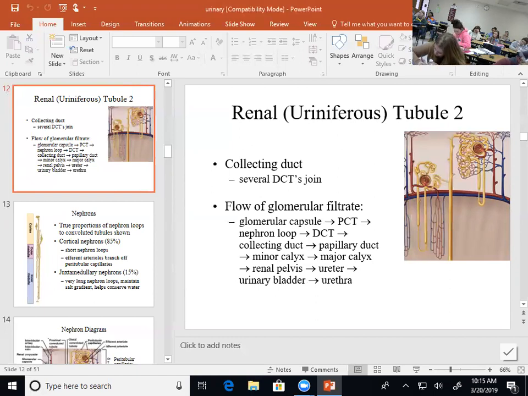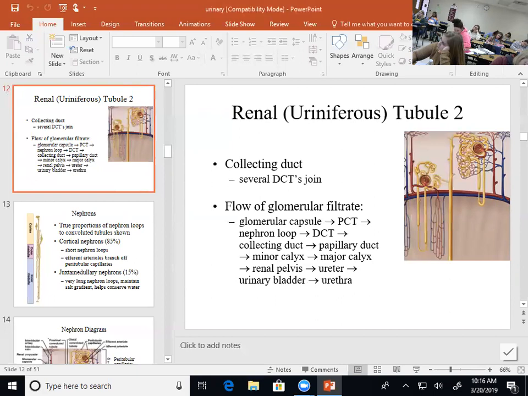So if an average adult is filtering 150 liters, that means they're reclaiming 99%. So it's not called urine until it gets through most of these structures. By the time you're in the calyx, really even the papillary duct, it's urine. What's inside those hollow tubes is urine at this point. Okay?